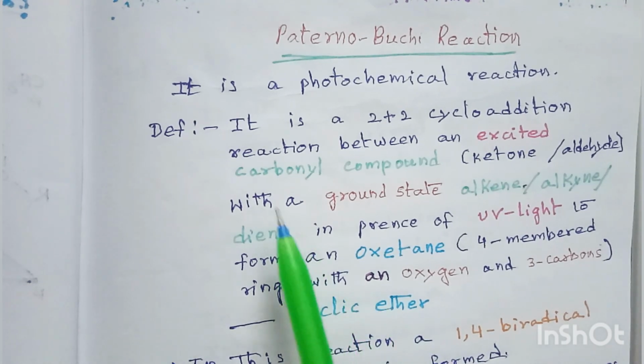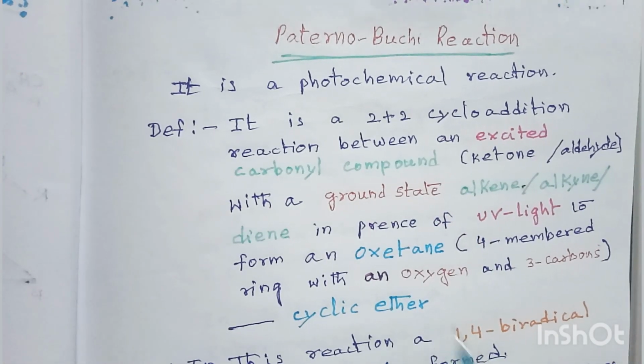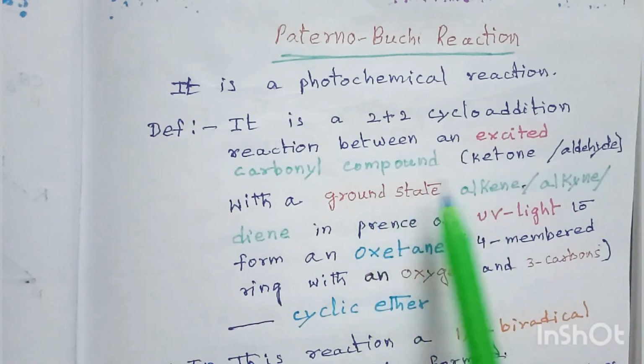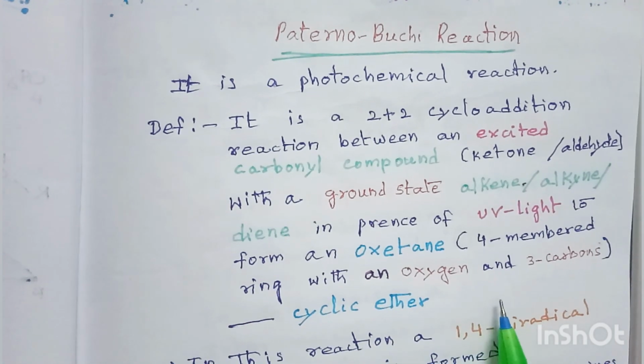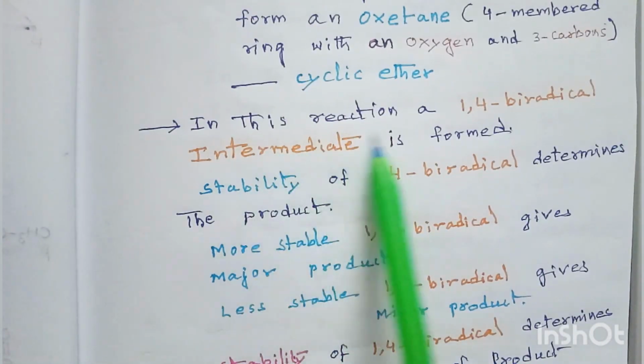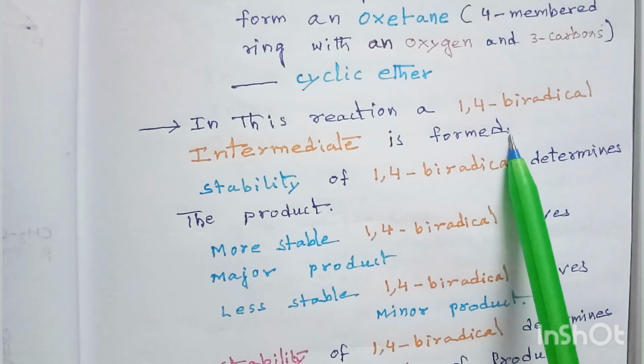So, Paterno-Buchi reaction is a photochemical reaction. It is a 2+2 cycloaddition reaction between an excited carbonyl compound and a ground state alkene to form an oxetane. In this reaction, a 1,4 biradical intermediate is formed.